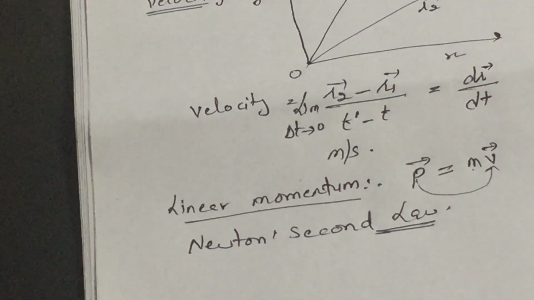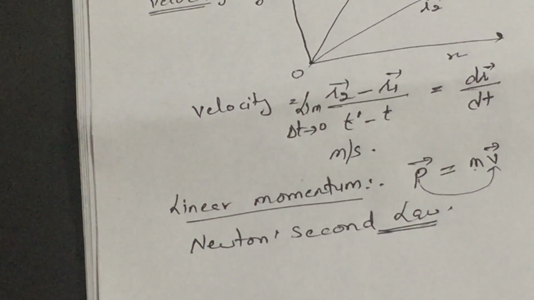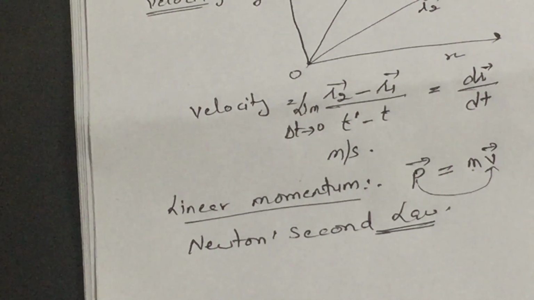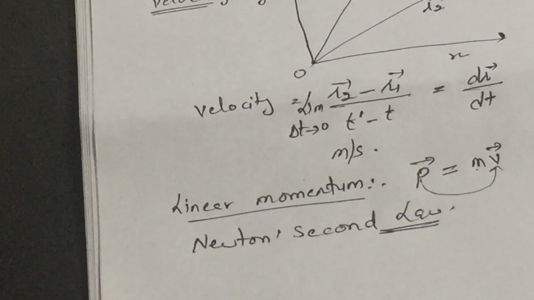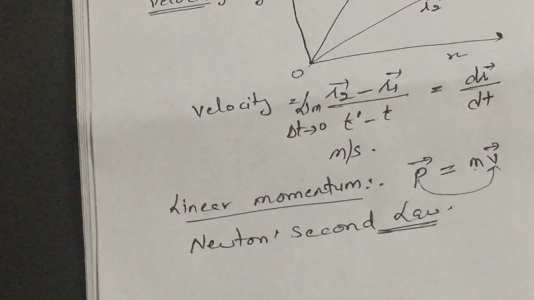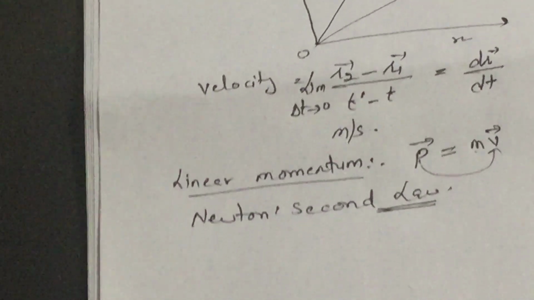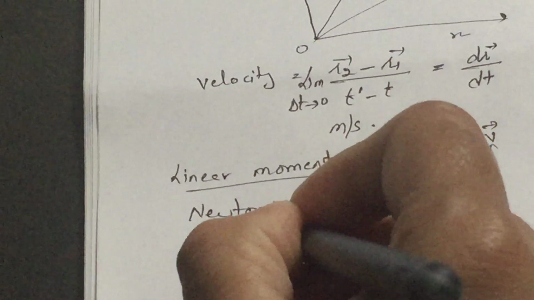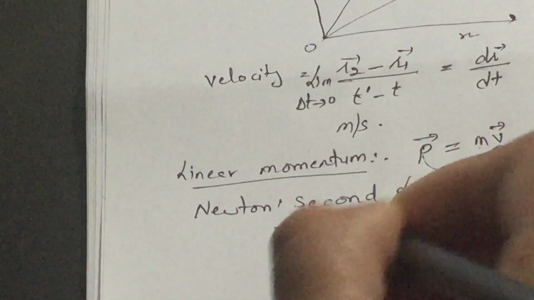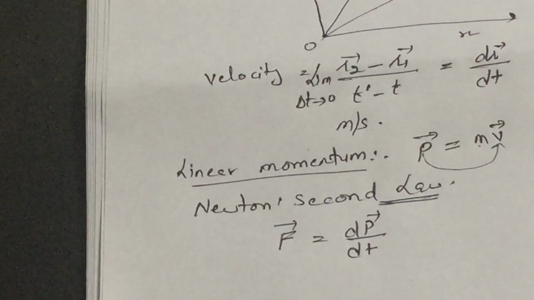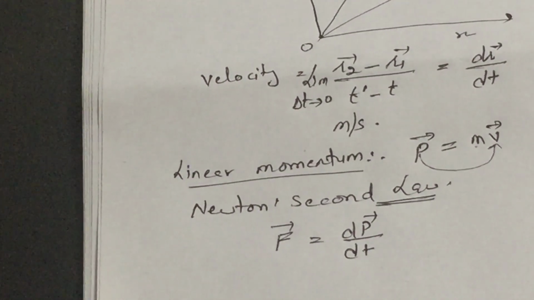If a particle is in motion and there is a change in momentum, then the second law tells about the relation between force and momentum. When an external force is applied, there is a change in momentum, that is, a change in motion of the particle, and it is given by F is equal to the rate of change of momentum, or change in momentum per unit second, that is defined as force.